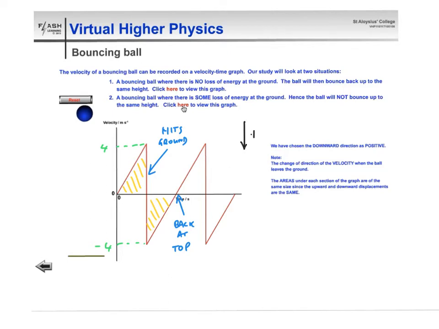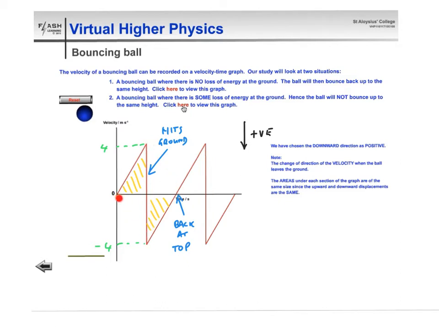So they've said that any vectors that act down the way are positive, so that's why the velocity is positive in the first part of the graph, and then negative in the second part. Like I said, you can swap it round and change the convention, and your graph would just start off here, then increase in the negative direction, and basically it's the reverse of that.